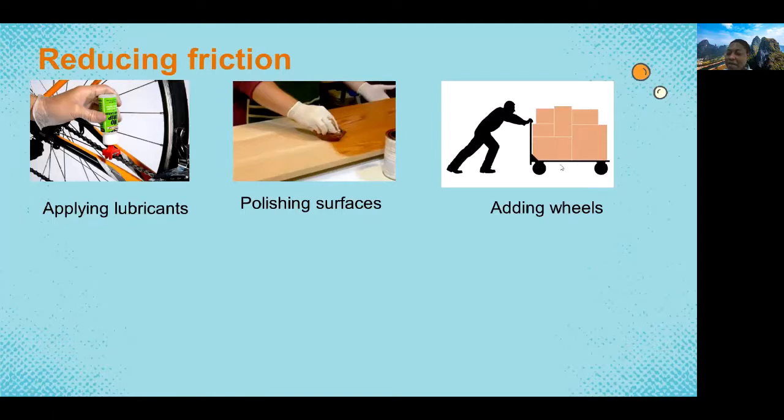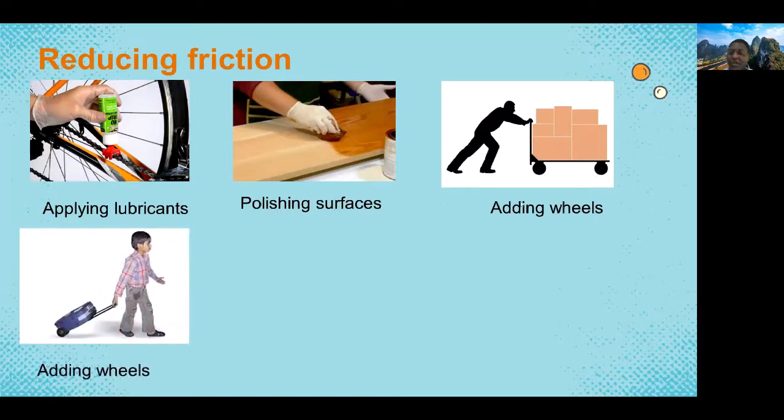Maybe a lot of heat can be produced between the box and the surface down here. So we do what? We add wheels like this one, to make this move very fast and smoothly.